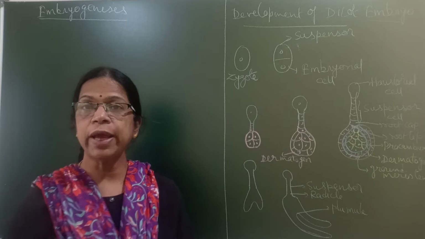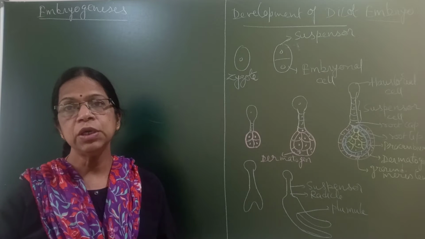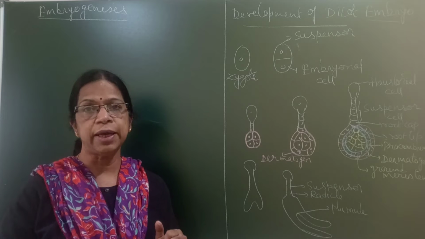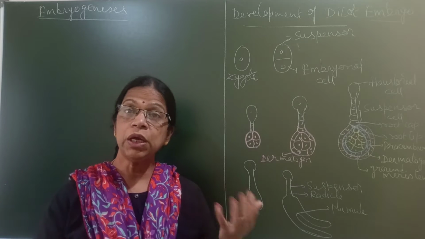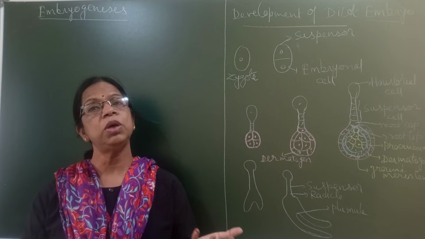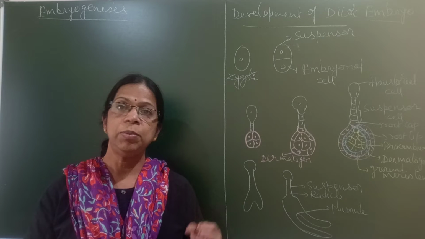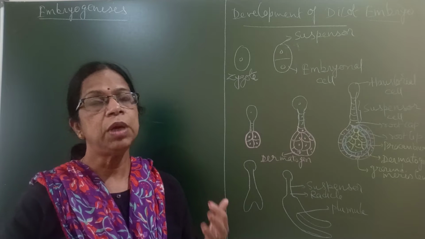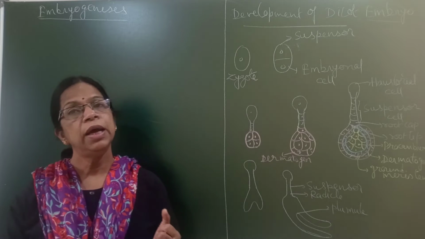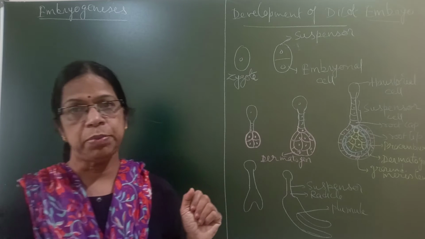So before the embryo actually grows and develops, it is a necessity that the endosperm must first develop. So prior to embryo development, prior to embryogenesis, there will be development of endosperm. After some amount of endosperm is developed, then the embryo development takes place.